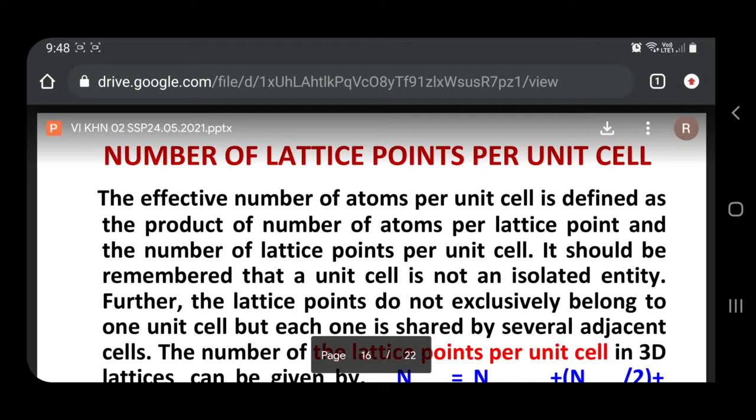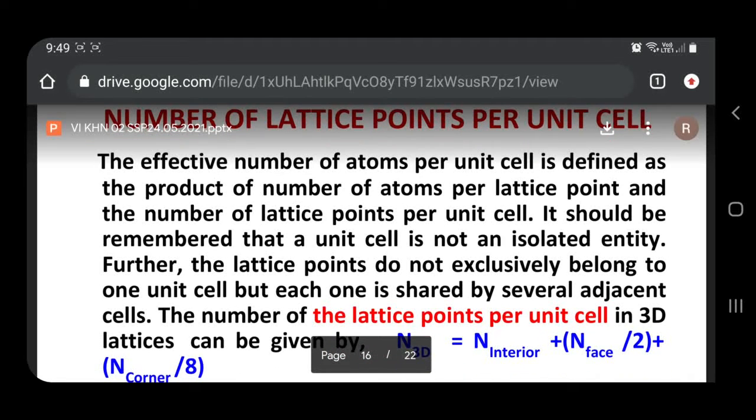In the examination, sometimes just to confuse the student, they ask to calculate the number of ions per unit cell, or number of atoms per unit cell, number of molecules per unit cell, number of lattice points per unit cell. All four are the same. Okay. So the effective number of atoms per unit cell is defined as the product of the number of atoms per lattice point and the number of lattice points per unit cell.